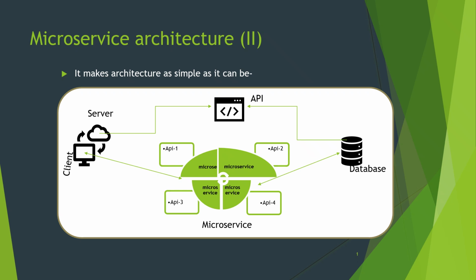I have created this in a very simple manner: the client requests whatever data is in the server, which requests the particular API, and the API gets the entire information from the database by communicating with it, with the transactional data required by the client, and then sends it back to the client over the UI. This was the simple architecture we were all using before microservices.